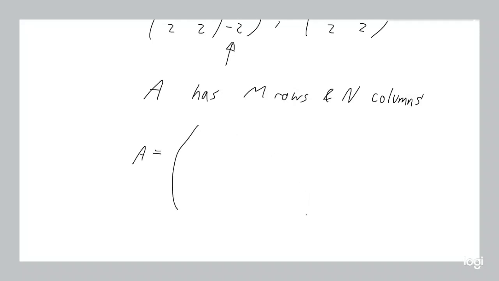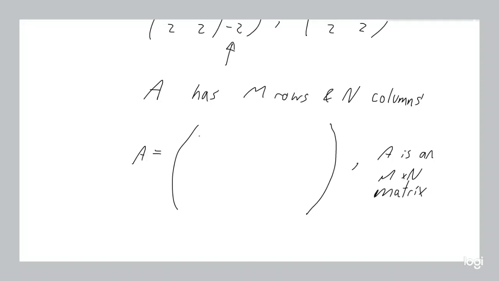And the number of rows is m. So we can call it an m by n matrix. And that is a common way to refer to matrices. You say the number of rows first and the number of columns second.